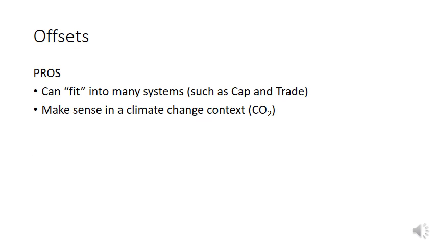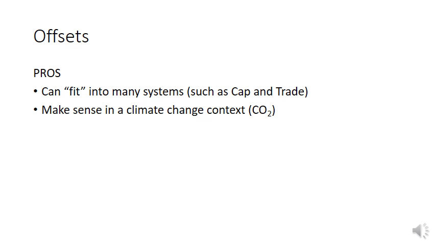Now, what's good about this system? What are the pros of this system? So in theory, we can fit offsets into any kind of system if the system designers allow for it. What this means is that polluters can be allowed to buy offsets so that their net emissions are counted as their direct emissions minus whatever they've paid to offset, minus what they have offset.